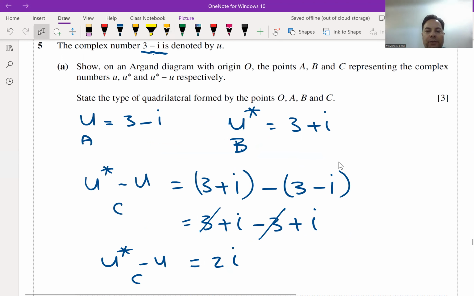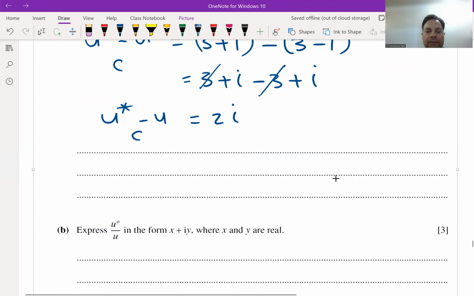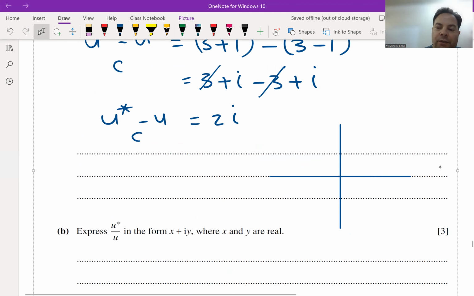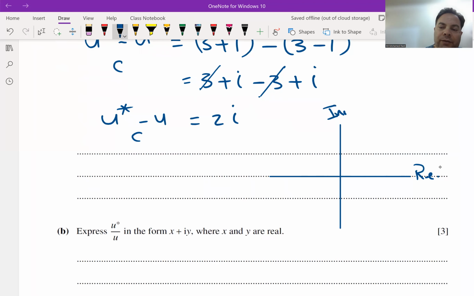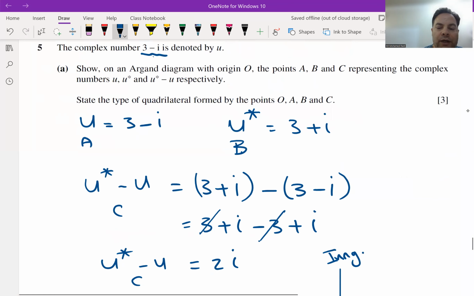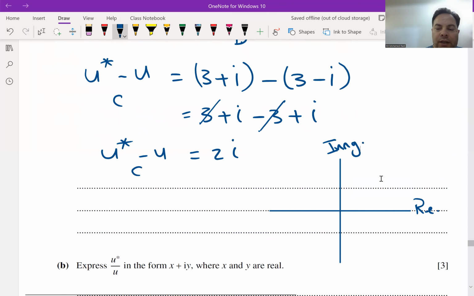Now we'll start to represent it on the Argand diagram. This represents the real part, and this represents the imaginary part. The first point A is 3 minus i, 3 on the x-axis.